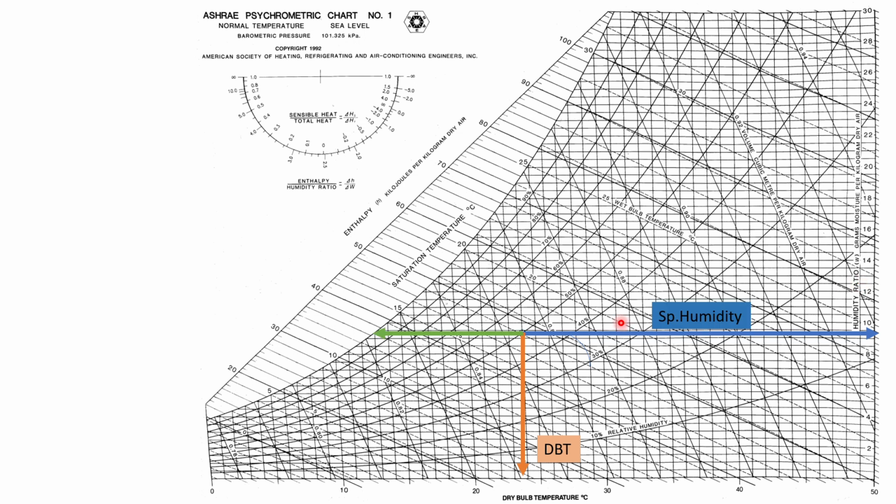If I extend this line in a left direction, that will touch the saturation temperature line, and this temperature is called the dew point temperature. This inclined line, when it touches the saturation temperature line, this particular temperature is called wet bulb temperature.